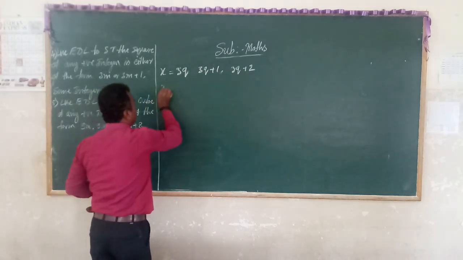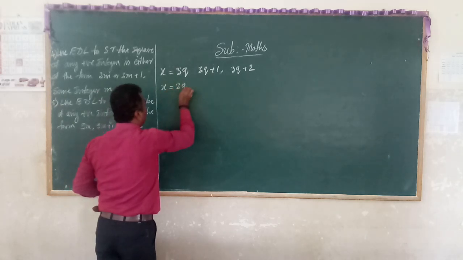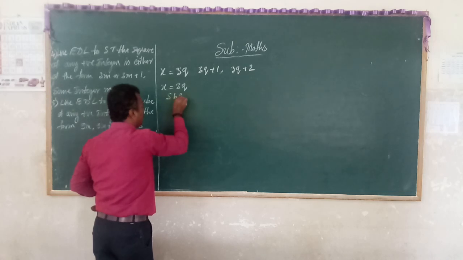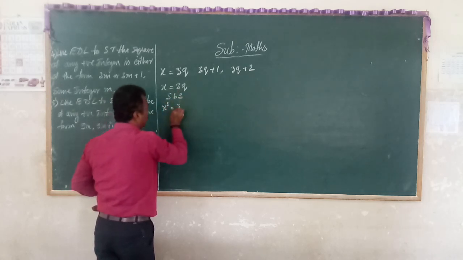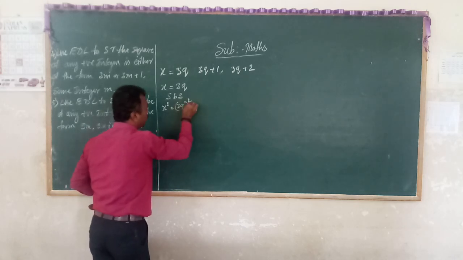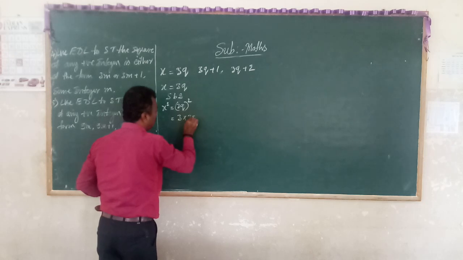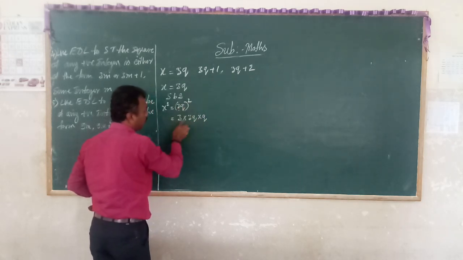Let us take x is equal to 3q, the first one. So we have to square it on both sides. So x square is equal to 3q whole square. 3q whole square means 3 into q into q, 3 is multiplied 2 times and q is also multiplied 2 times.